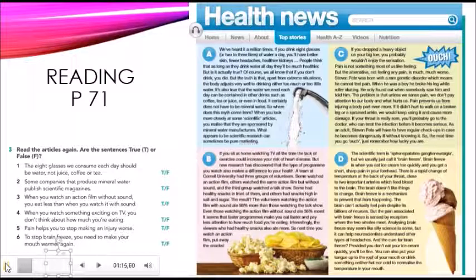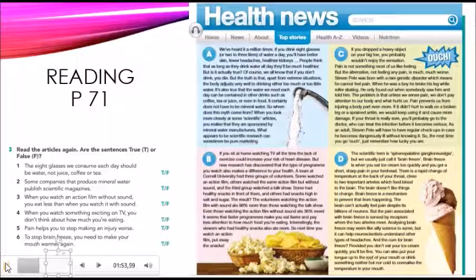B. If you sit at home watching TV all the time, the lack of exercise could increase your risk of heart disease. But new research has discovered that the type of program you watch also makes a difference to your health. A team at Cornell University had 3 groups of volunteers. Some watched an action film, others watched the same action film but without sound, and the third group watched a talk show. Some had healthy snacks in front of them, and others had snacks high in salt and sugar.